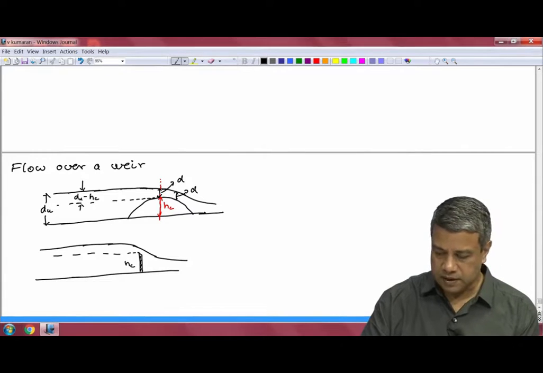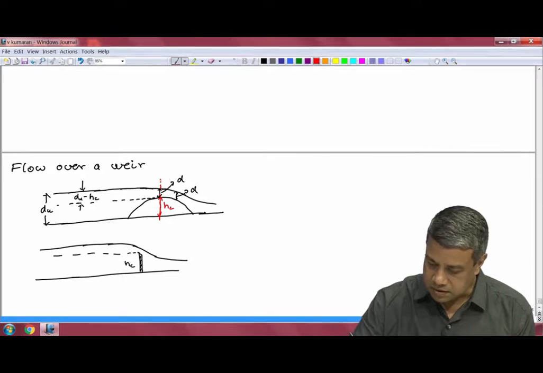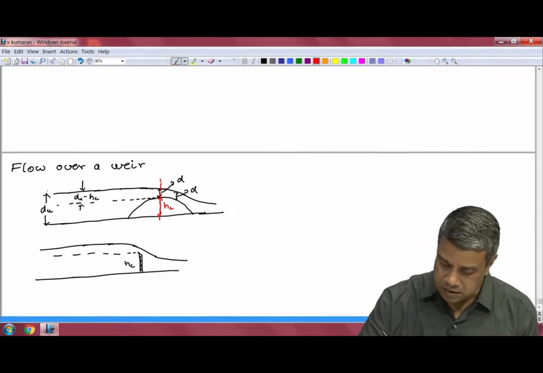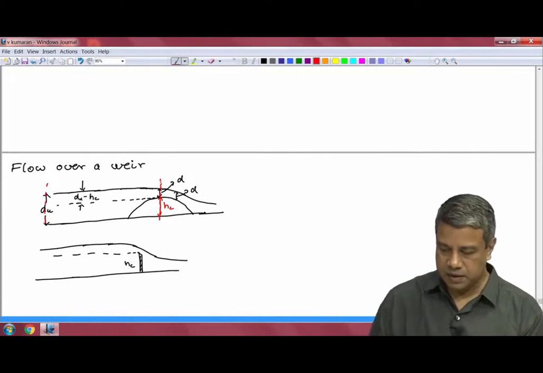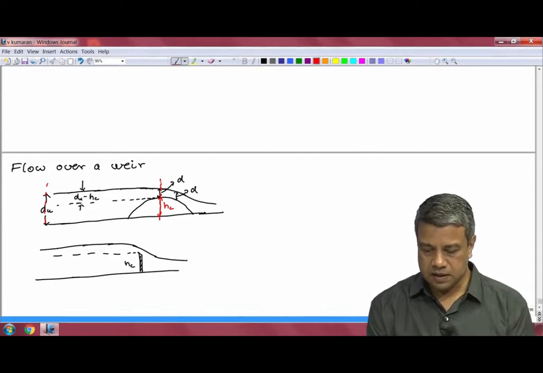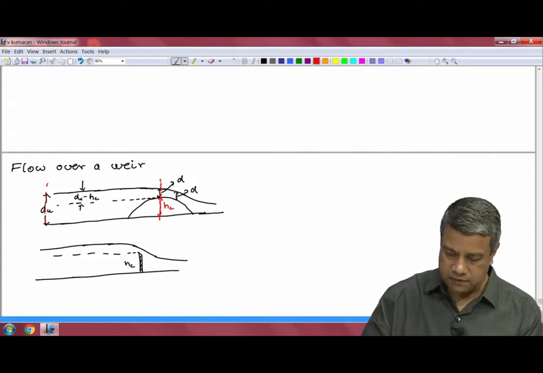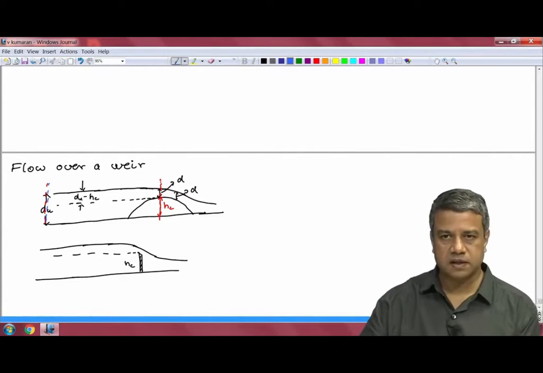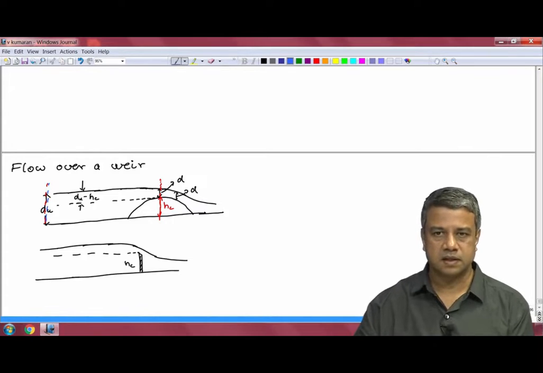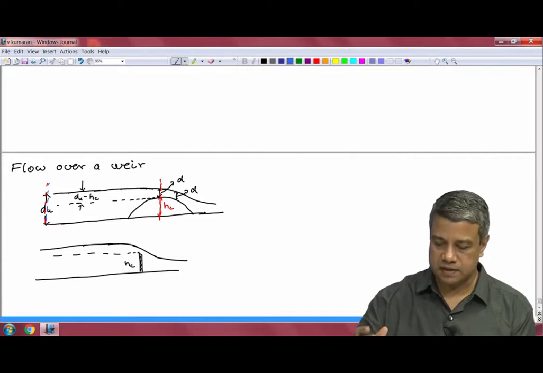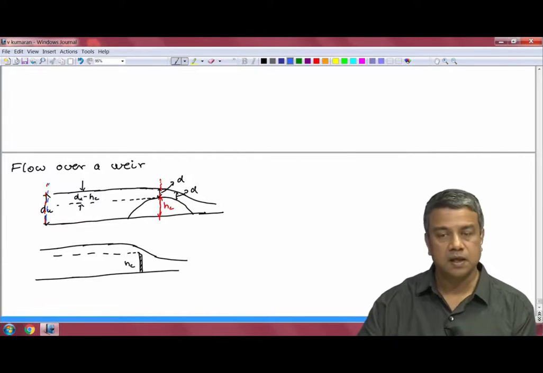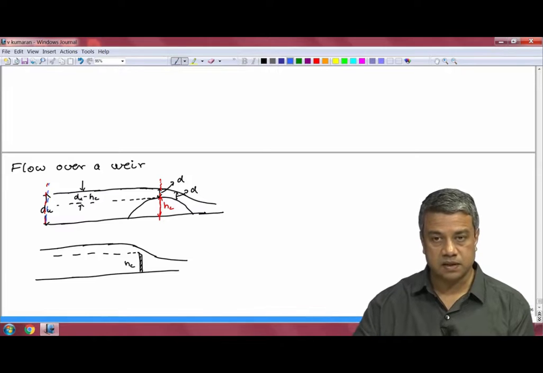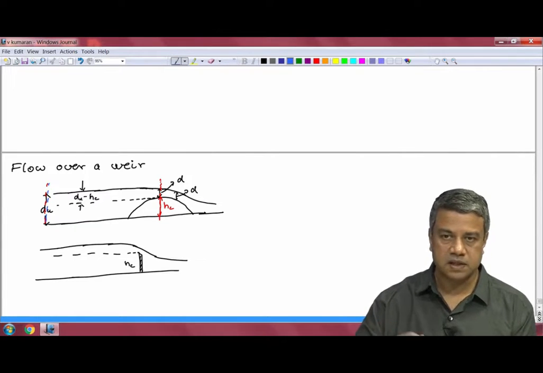So, therefore, if I write the Bernoulli equation between this location and this location, you can see that at this location far upstream, the velocity is small because there is no obstruction there. The velocity is much smaller than the velocity as it goes above the obstruction, because as it is going above the obstruction, the depth of the water decreases and therefore, the velocity increases.